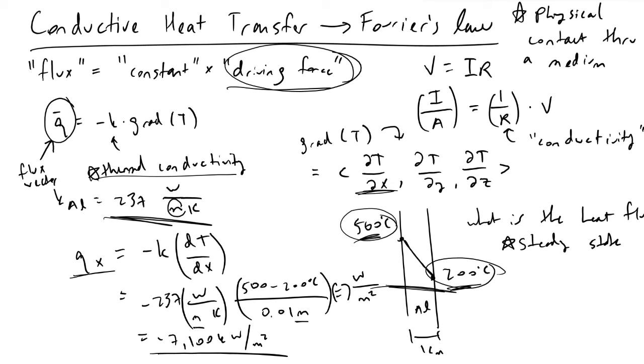And that is because when we are evaluating our flux term, flux will always have units of joules per meter squared per second, which is equivalent to watts per meter squared. And dT/dx is going to have units of degrees Celsius per meter. And so k would have to have dimensions to make both sides of the equation agree.